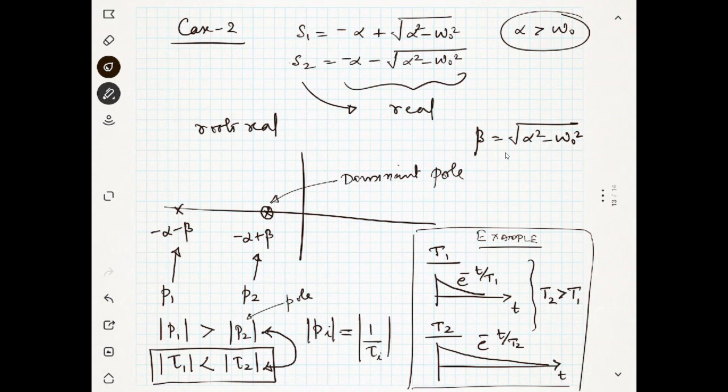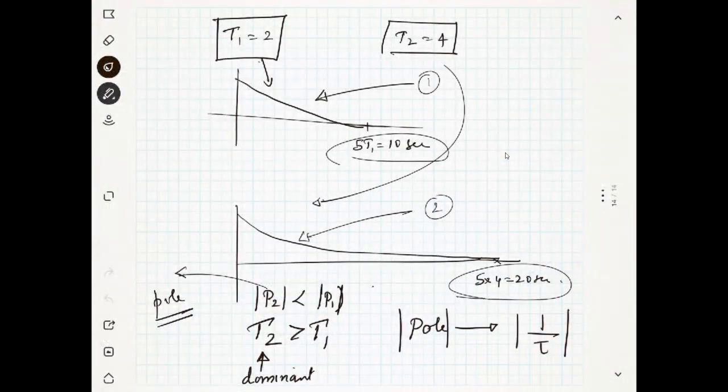I don't understand what you mean, doctor, by dominate. What does dominate mean, did you understand this case? T1 equal to 2 seconds, and T2 equal to 4 seconds.